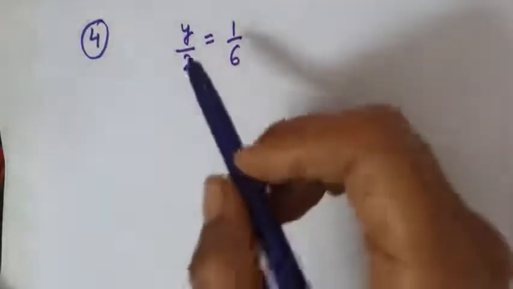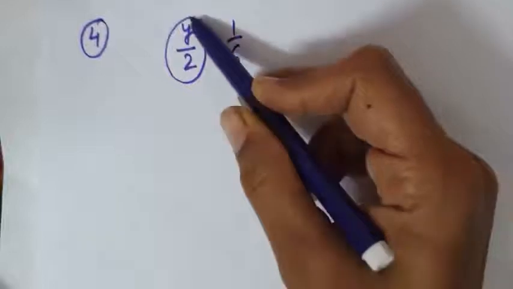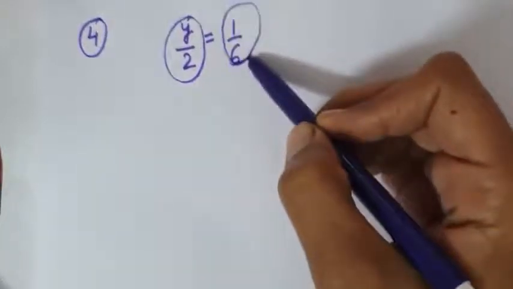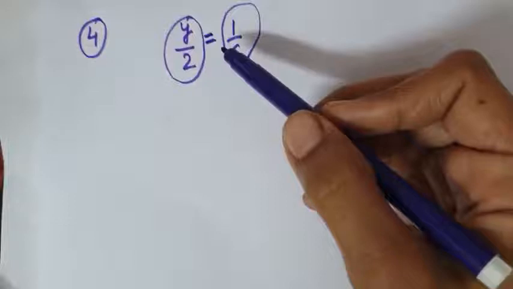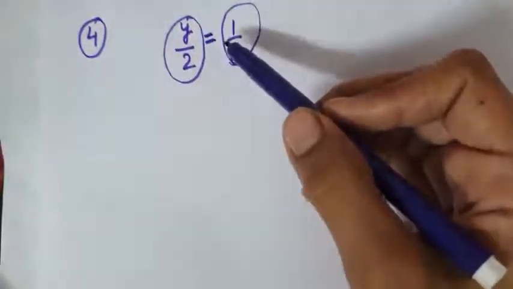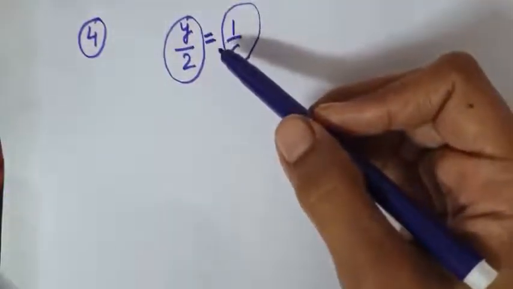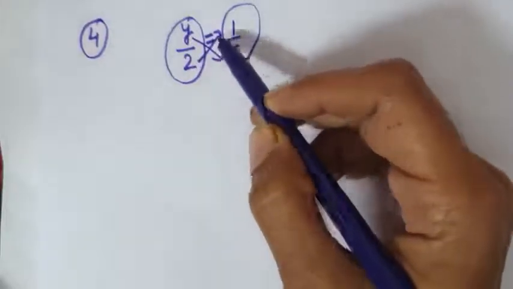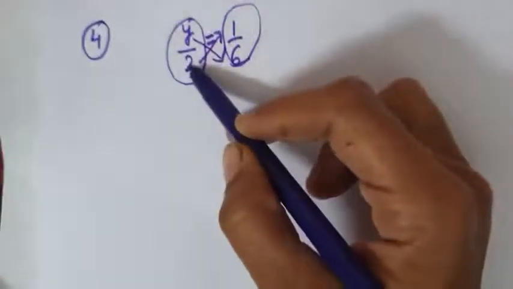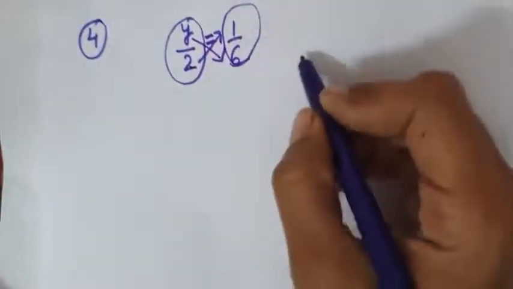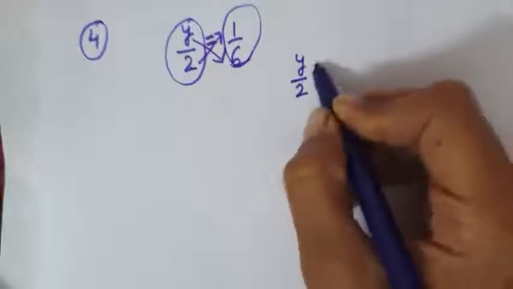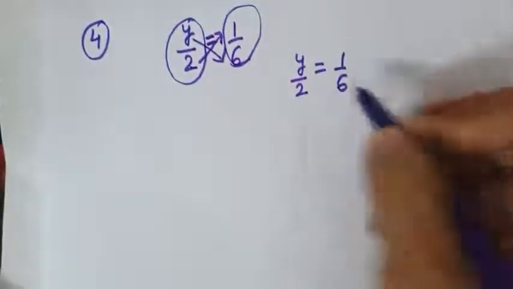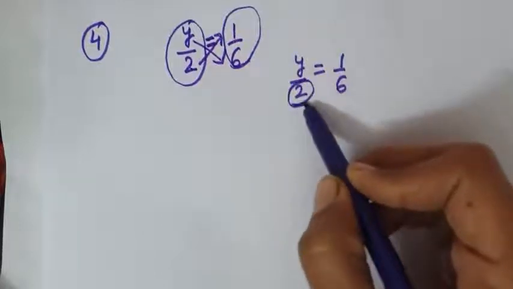So now this is one term, this is one term, this is an equality sign. The first step, what we will do? We will do the cross multiplication like this or like this. Or students, you can also say this 2 is getting divided here. Let us do by this method only. This 2 is getting divided here.